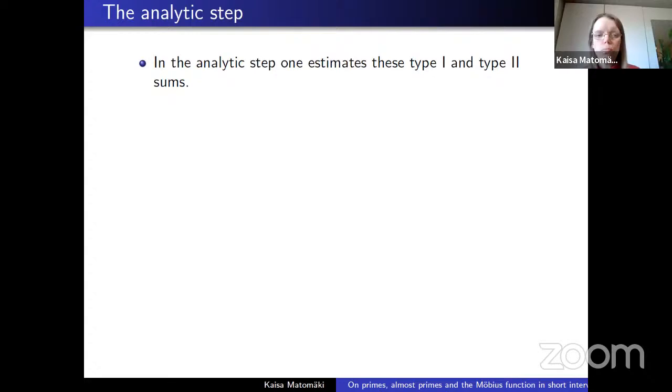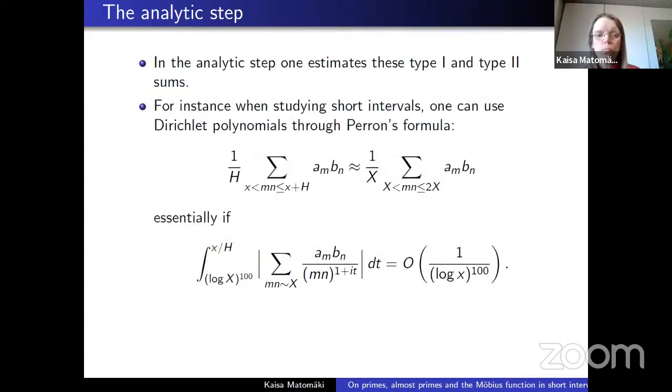Then we can use Dirichlet polynomials through Perron's formula. So in this case, the type 2 sum, for instance, looks like this. It's the sum over mn between x and x plus h of a_m, b_n.